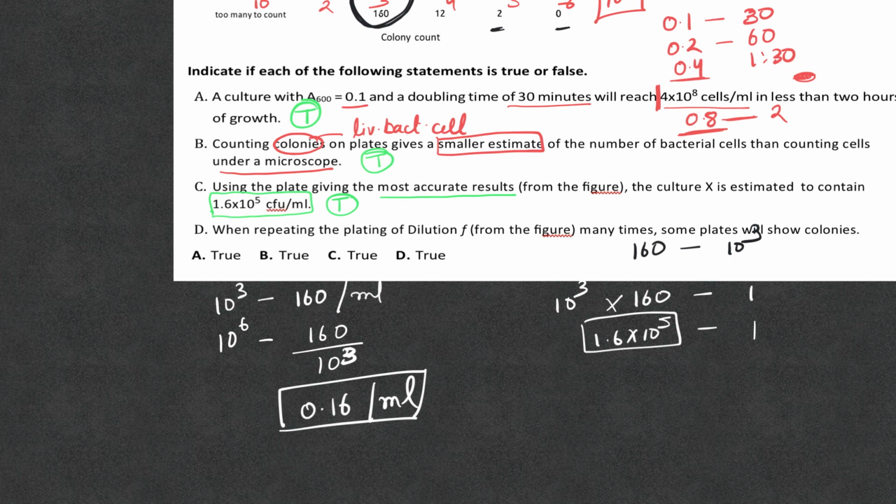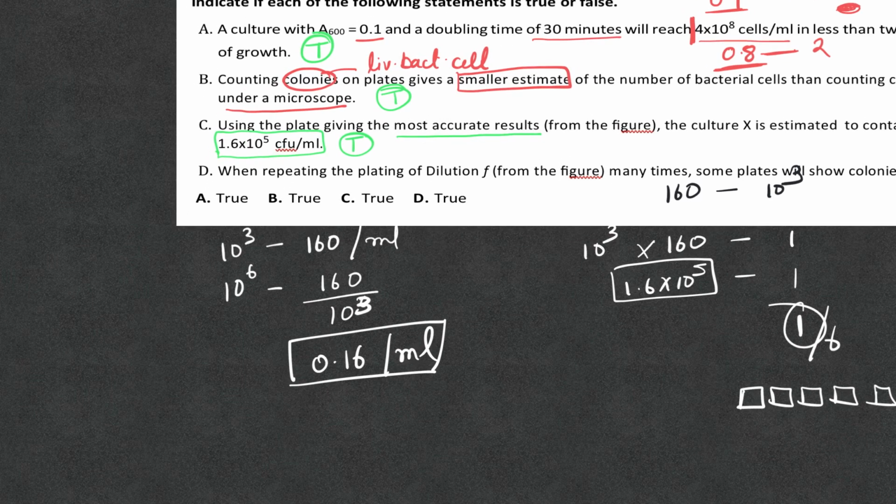Now it's just like throwing a dice. So what is the probability that you'll have the face of 1? If you throw a dice, it's 1 upon 6. That means if you throw the dice 6 times, at least one of the times you'll get 1. So with a probability of 0.16, 0.16 times 6 is equal to 0.96.